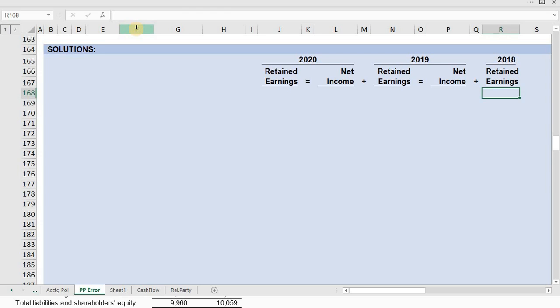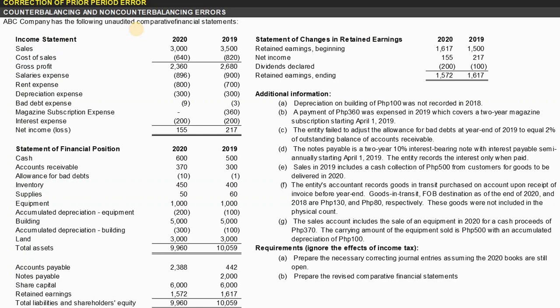So now let us start with the unadjusted balances of the retained earnings and net income. Starting with 2018, what is the ending balance of retained earnings at the end of 2018? Looking at the statement of changes in retained earnings, the beginning balance of the retained earnings in 2019 is 1,500.